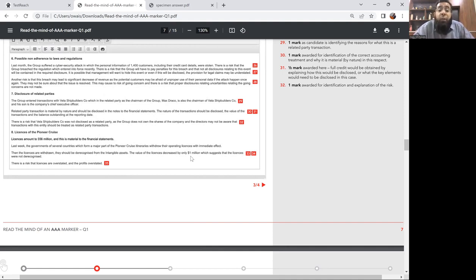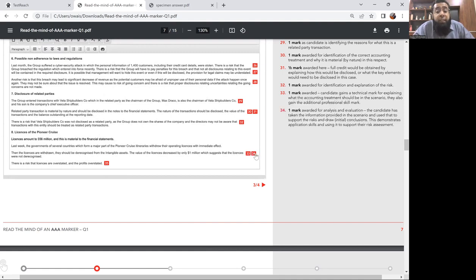The value of licenses decreased by only $1 million, which suggests that licenses were not de-recognized. There is a risk that licenses are overstated and profits are overstated. So you refer the correct treatment, that there should be impairment, there should be de-recognition of the licenses which have been suspended. Then you refer the correct accounting treatment, that is, what should be done.